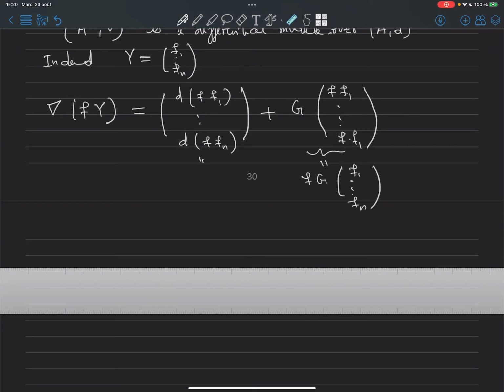And here it is exactly equal to df plus df f1.